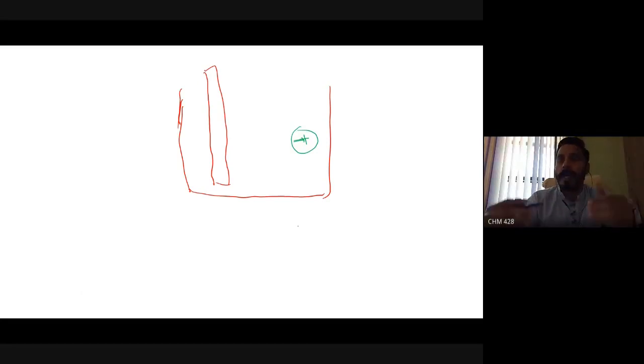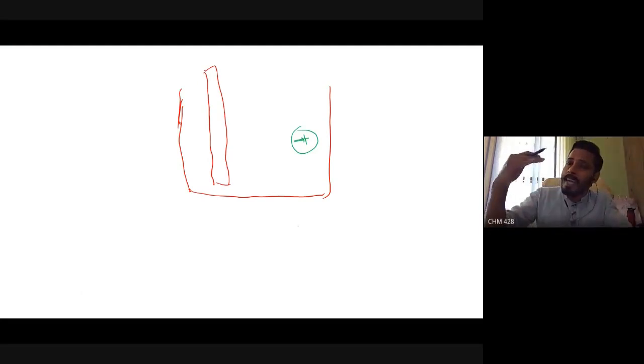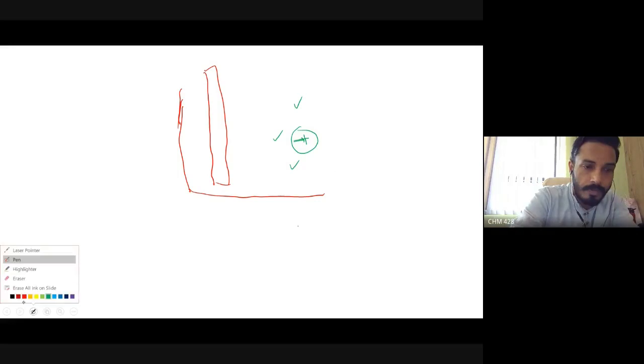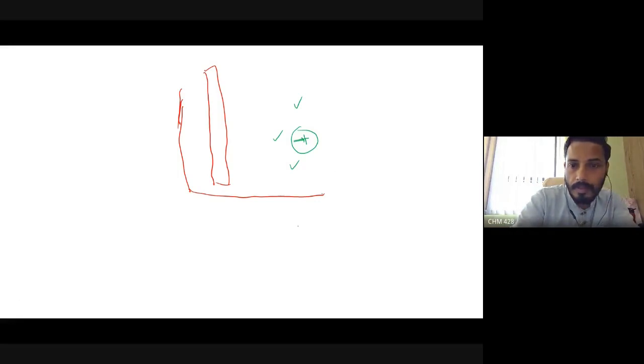And on a time average scale, what will happen? This positive ion will see a spatially symmetrical world. It will be the same this side. It will see the same atmosphere here. It will see the same atmosphere here. I'll just move the cell wall a little bit far.